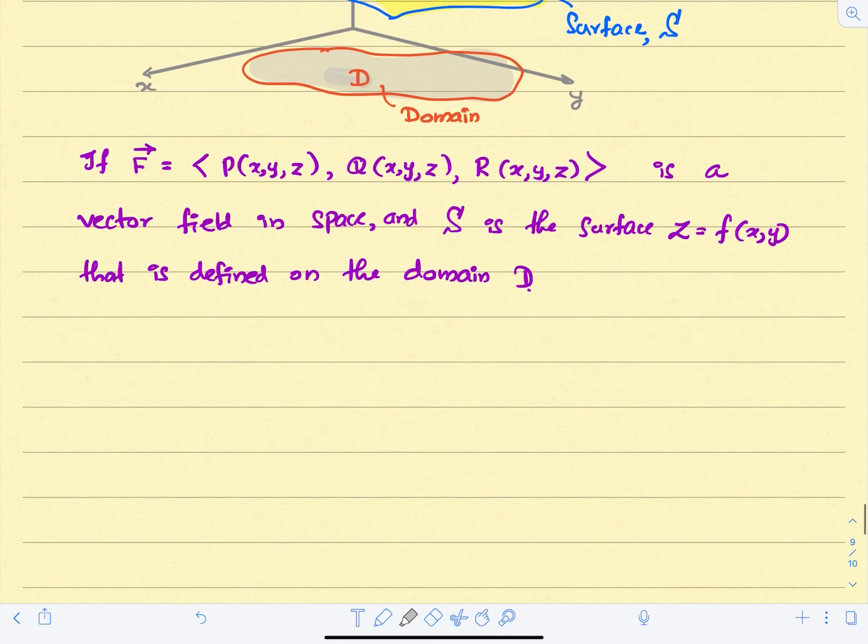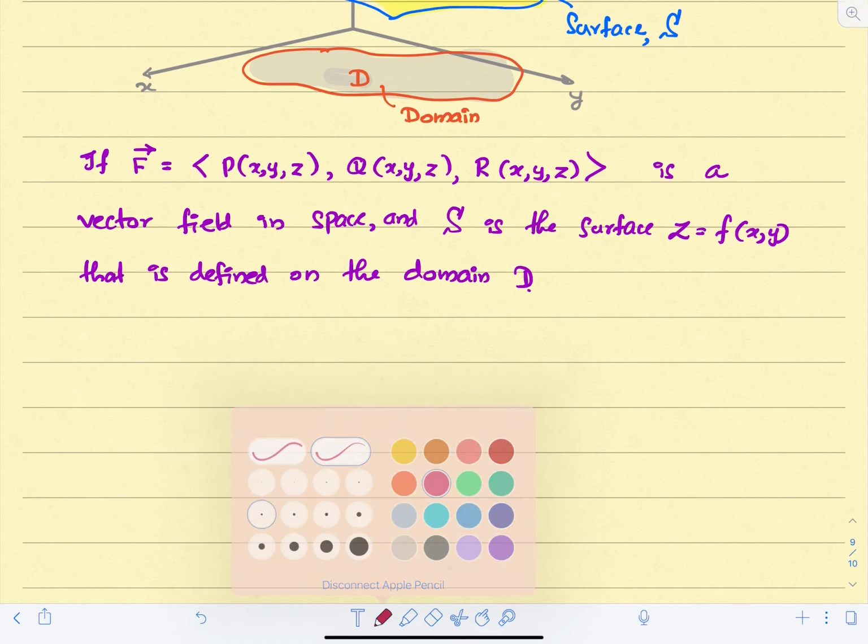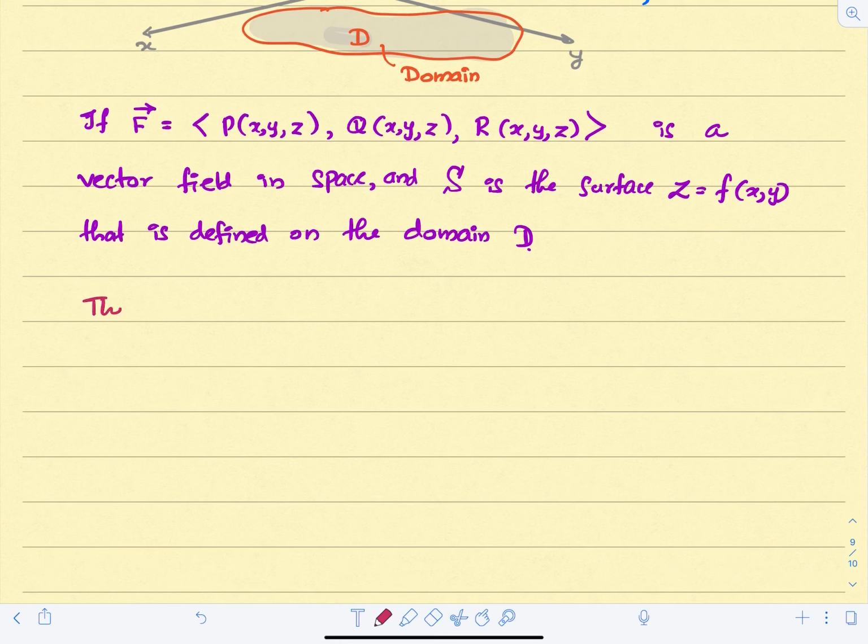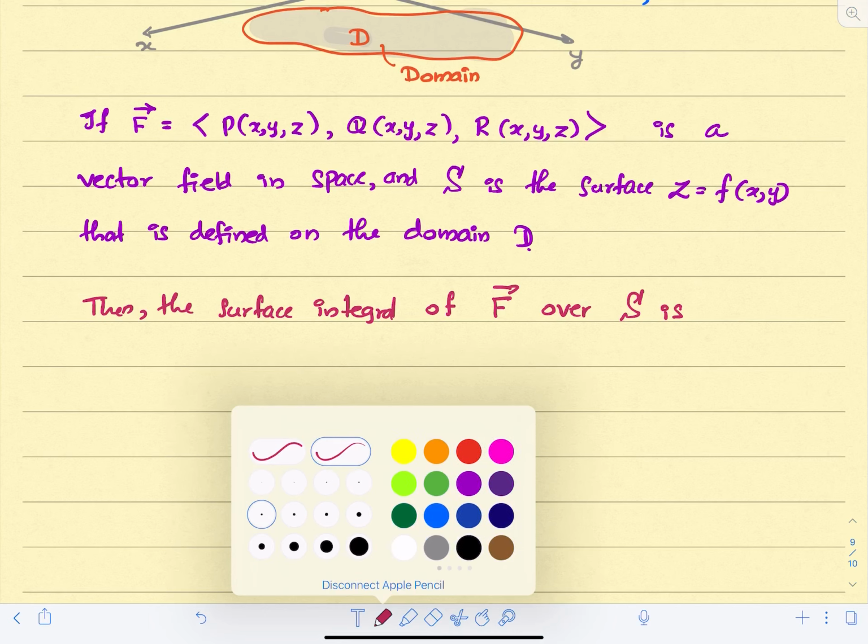Okay. So now we are ready to define the surface integral. The surface integral of the vector field F over the surface S is defined like this.